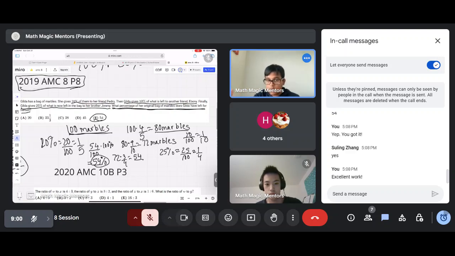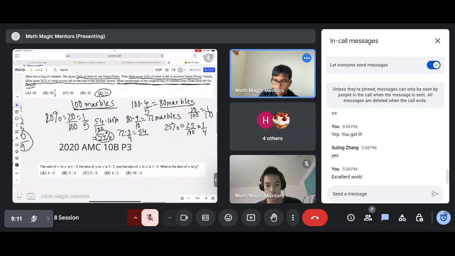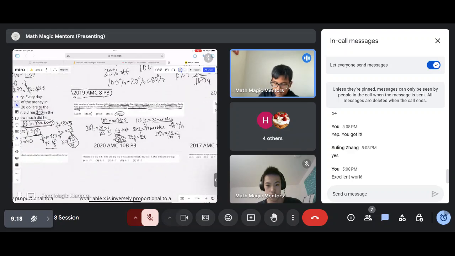Just set the number to 100 if it asks you for a percentage of something, and see how it works out. Without much calculation, we saw that the answer was 54%. So, I highly recommend this method.